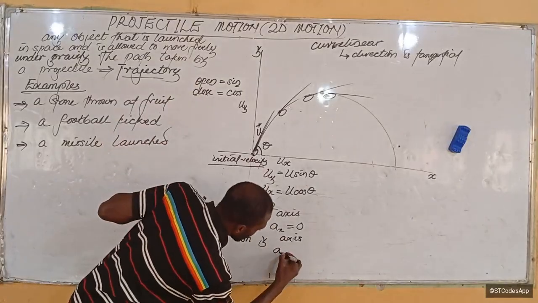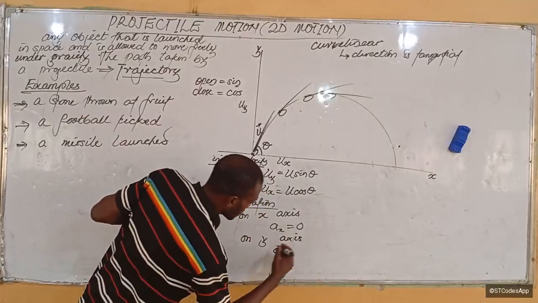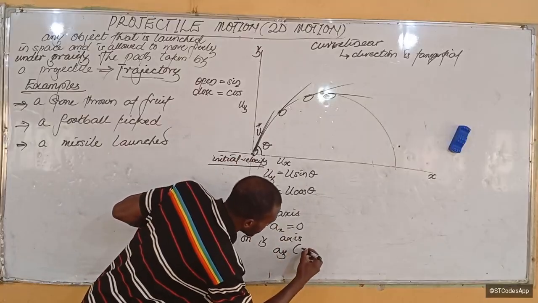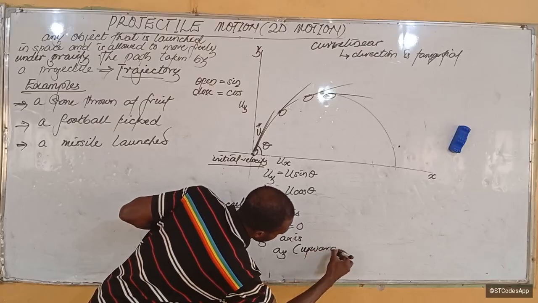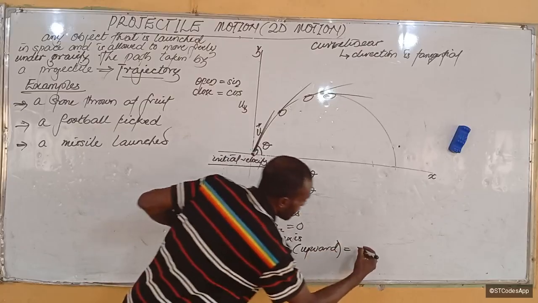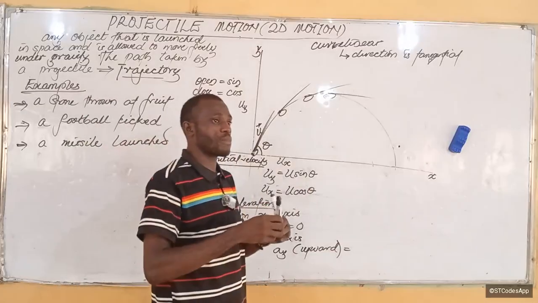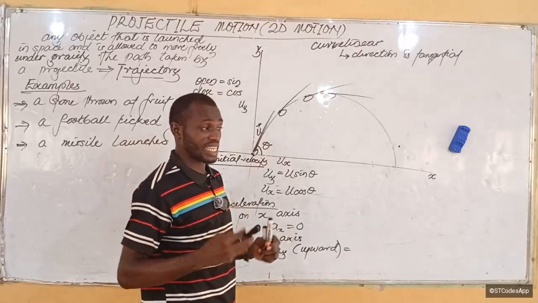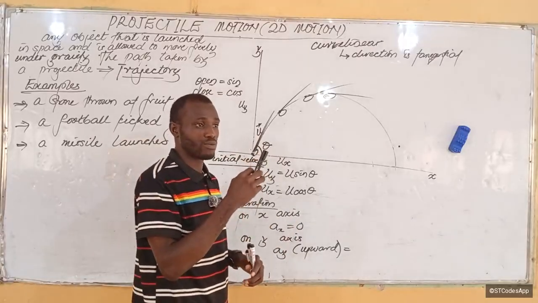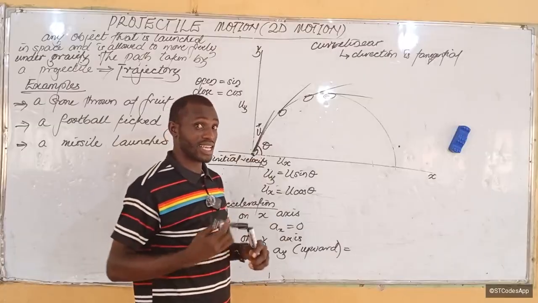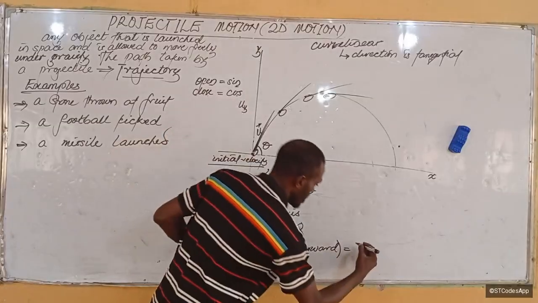So we know that a sub y, when the body is moving upward, will be what? Since the body is moving upward, is that in the direction of gravitational pull or against? It is against, right? So a will be negative g.